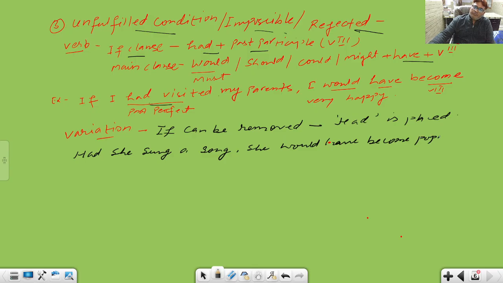Like this. So here, this had is functioning as if as well as a helping verb. So this way the variation can be used in this condition.